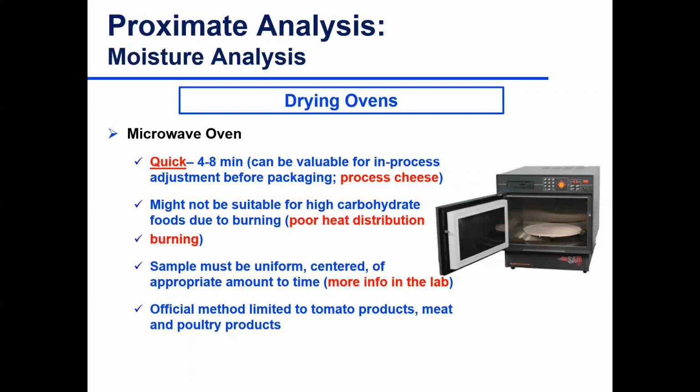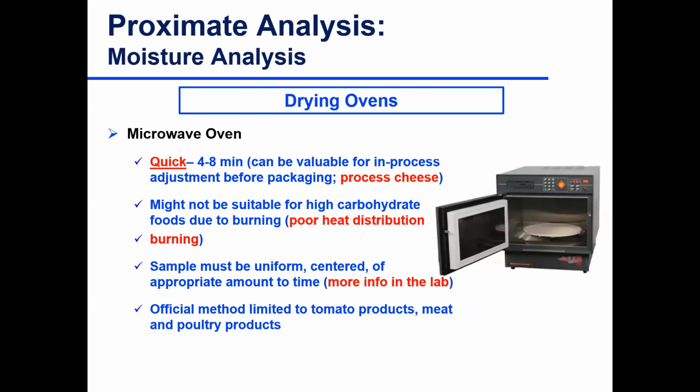And so it may be hot in some places and not so hot in other places. So not as uniform. The sample should be uniform. It should be centered in the oven. And you should have an idea of the amount of time that you're going to be running this analysis.